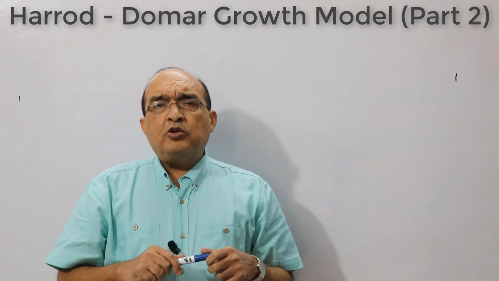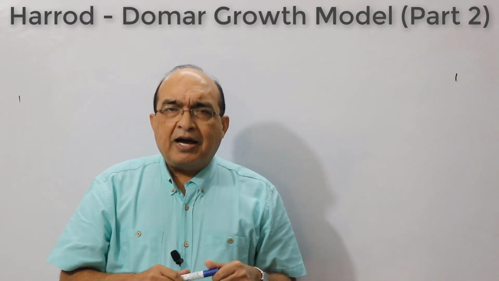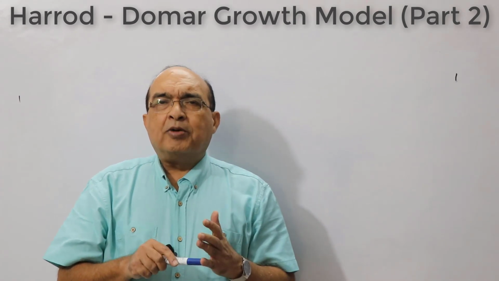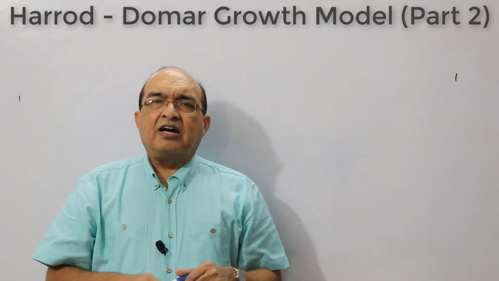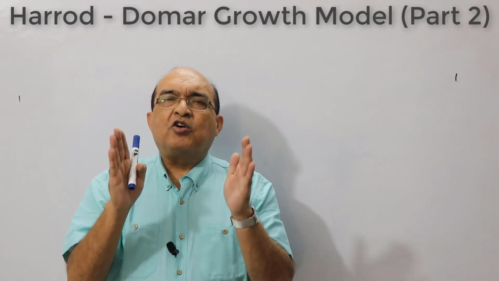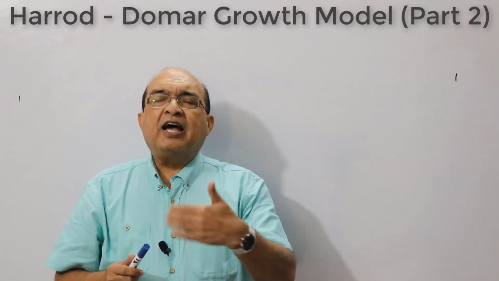I have also told you while discussing Harrod's model that both Harrod and Domar presented their dynamic model in the Keynesian framework. I mean, the framework of the model was the same. That was the Keynesian static or comparative static model. Harrod and Domar both have dynamized it.